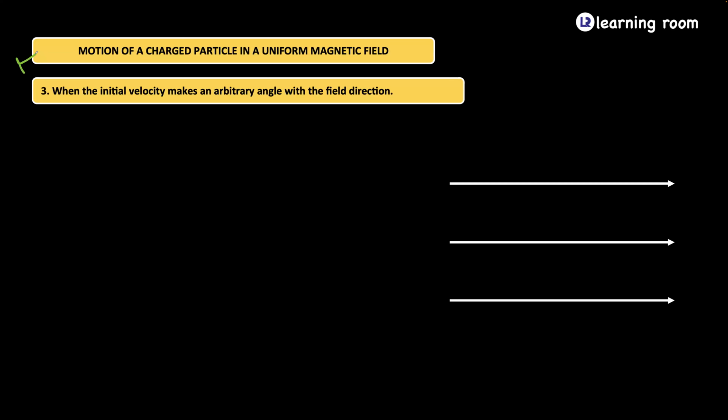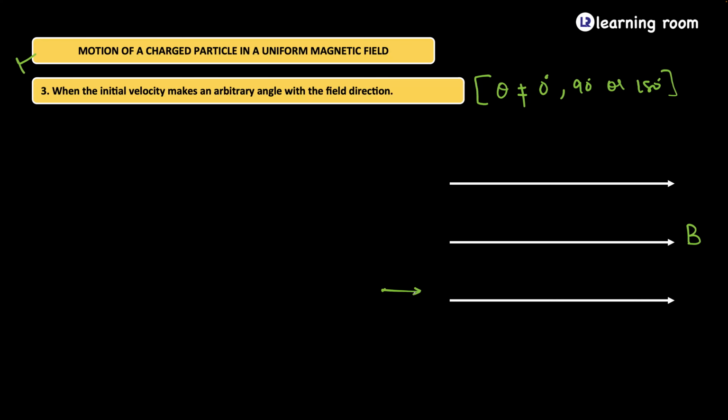When I say arbitrary angle, here the angle theta is going to be anything other than 0, 90 degrees or 180 degrees. Let's say there is a uniform magnetic field existing in the horizontal direction, which I'll call B. Listen to this very carefully.